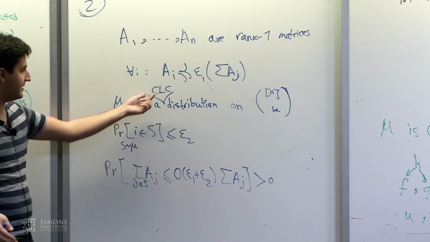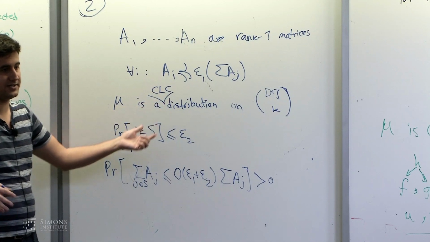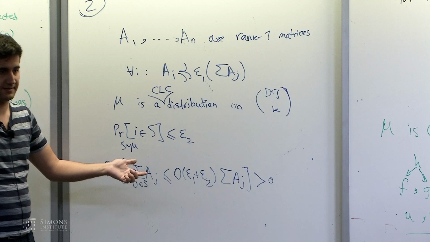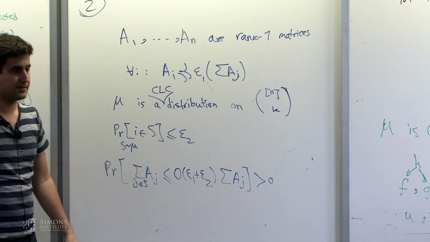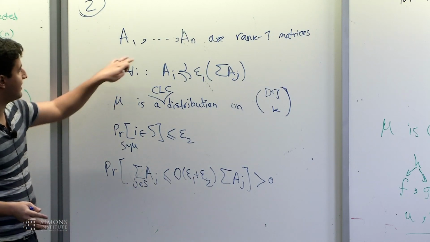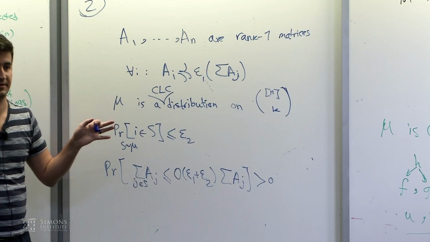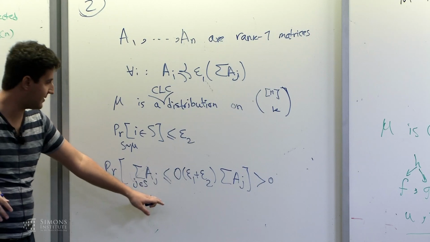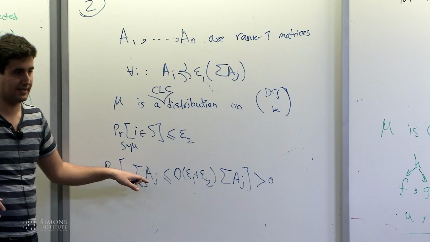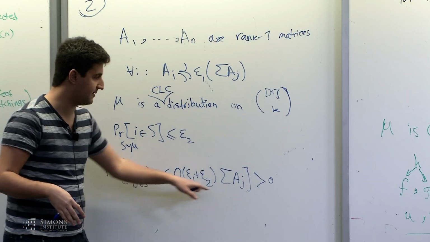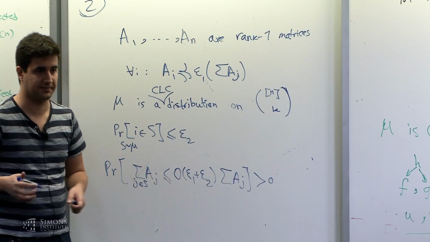So when this thing is CLC, the operations might not preserve real rootedness, but could it still be true that this is positive? This is basically like doing Cadison-Singer with a matroid constraint, if you will, because all you care about is that something in the support of your distribution is thin with respect to the whole sum.